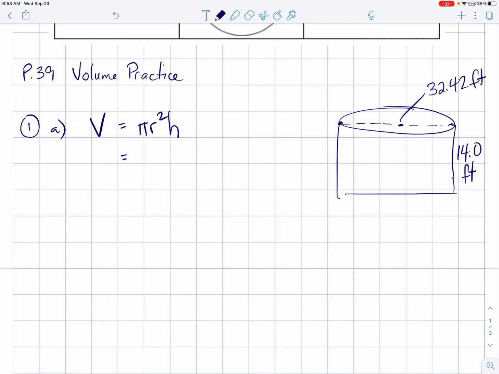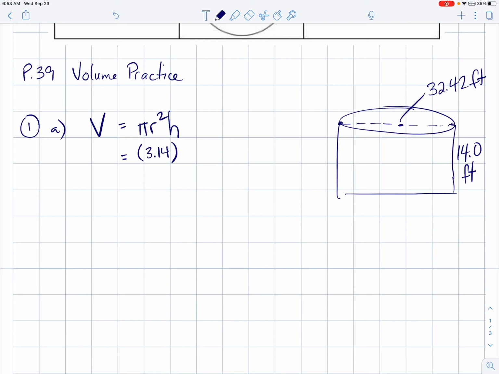Pi, you can either use the button on your calculator for pi. If you have a button for pi, that's got pi with infinite number of digits. Or you can use a rounded off number. The danger of using a rounded off number is significant digits. If I use 3.14 as pi, then that limits my answer to 3 significant digits because I've rounded off pi.